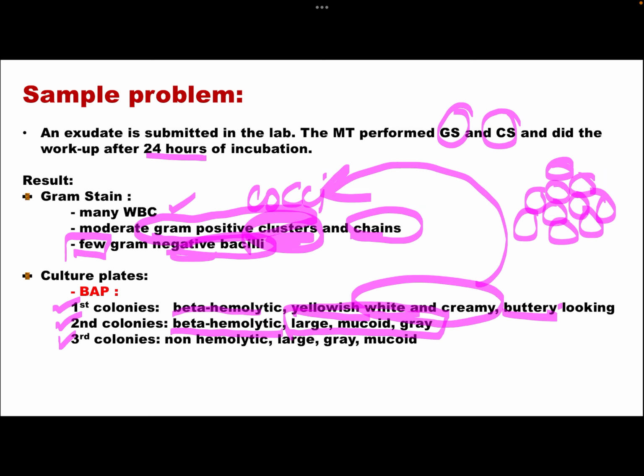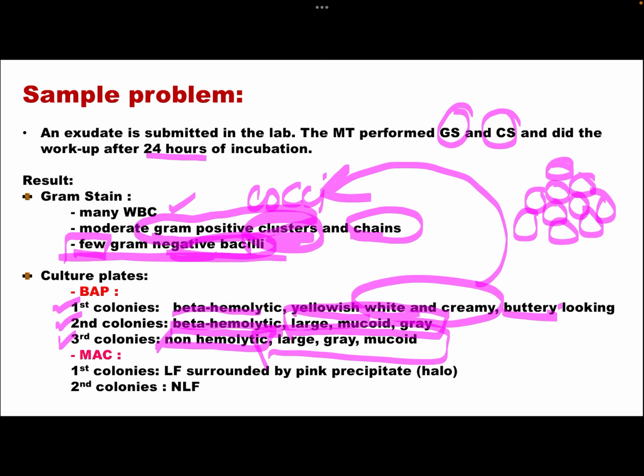So that's another clue: large in size, mucoid in consistency, and gray in color. That would speak of the gram-negative bacilli that the medtech detected in the gram staining result. The third colonies are non-hemolytic, but they are also large, gray, and mucoid. So probably that is again a gram-negative microorganism.